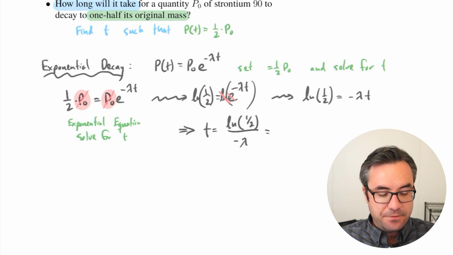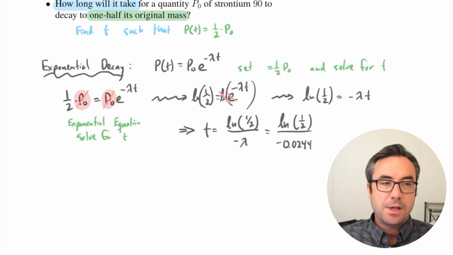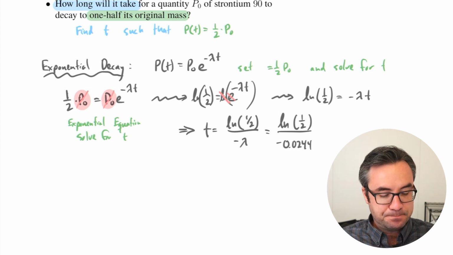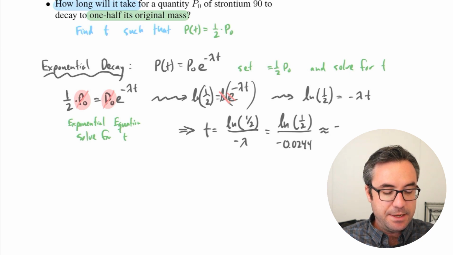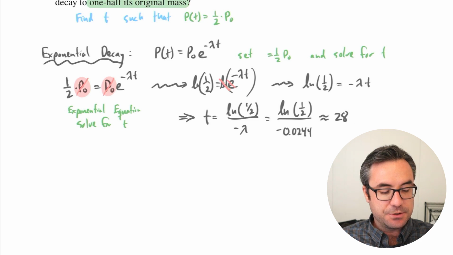And if we fill in what we know lambda is, that 0.0244, and if we calculate it out, this is approximately 28. And our units here are years.